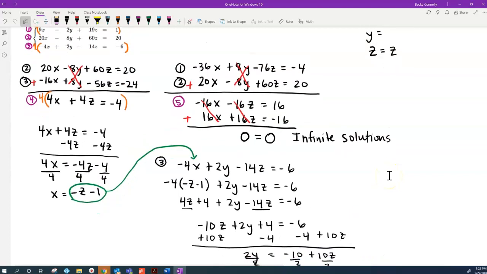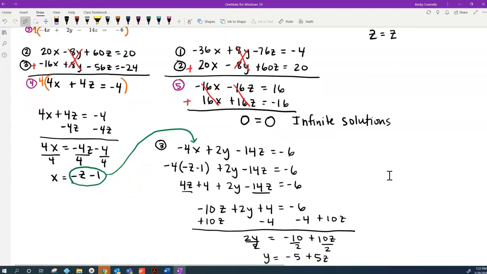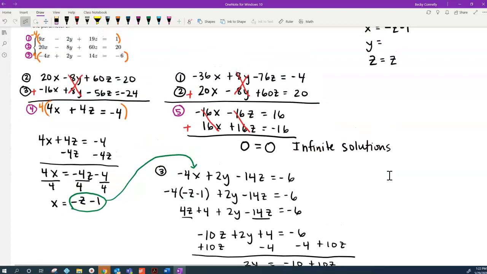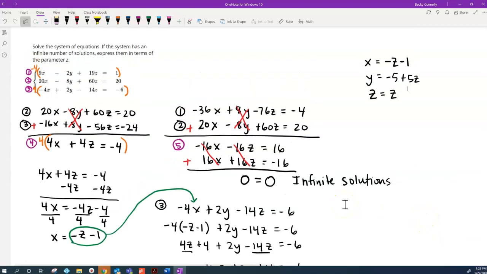So I'll put it up here and where I had it. So negative 5 plus 5z. And so now I have all of those solved. It was an infinite solutions, but I have those all solved in terms of z. And so those would be the solutions that I'd want to put in for my answers.